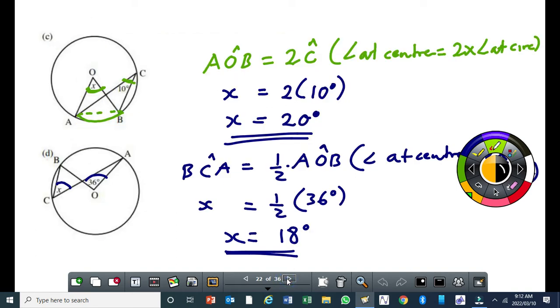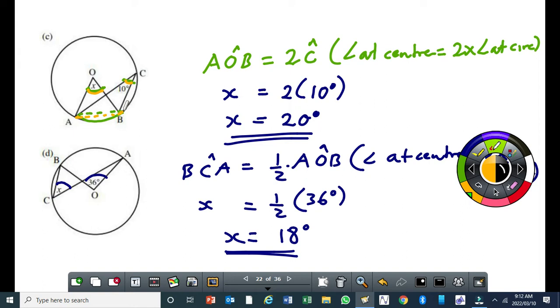Then you can also have another scenario which is not very direct, like the first one, whereby you have got an angle at the center, also you have got an angle at the circumference. Both angles are subtended by the same chord AB.